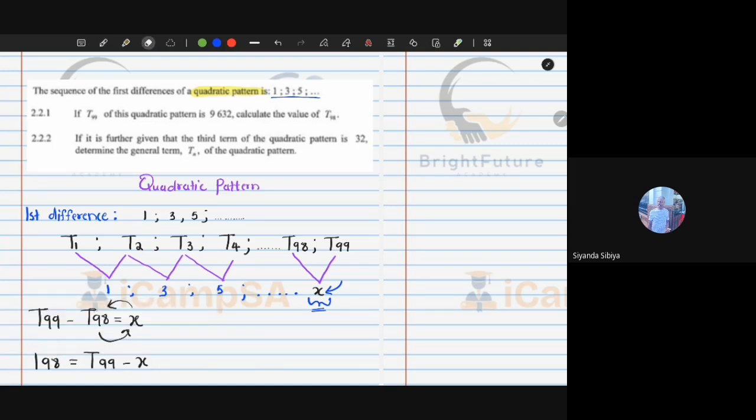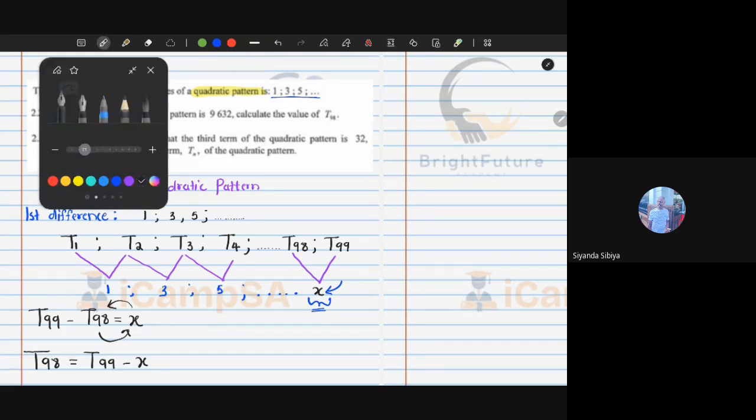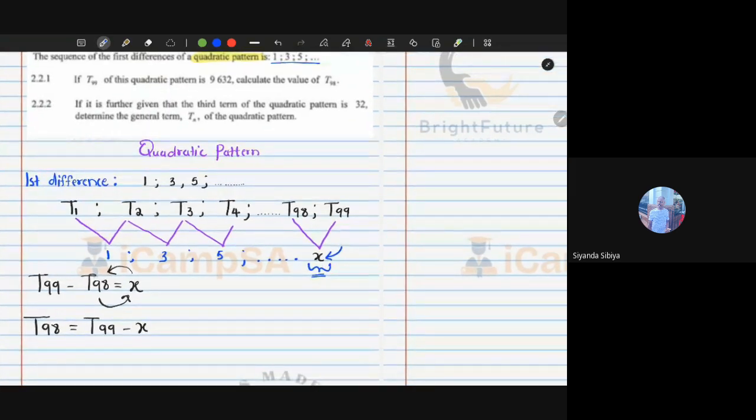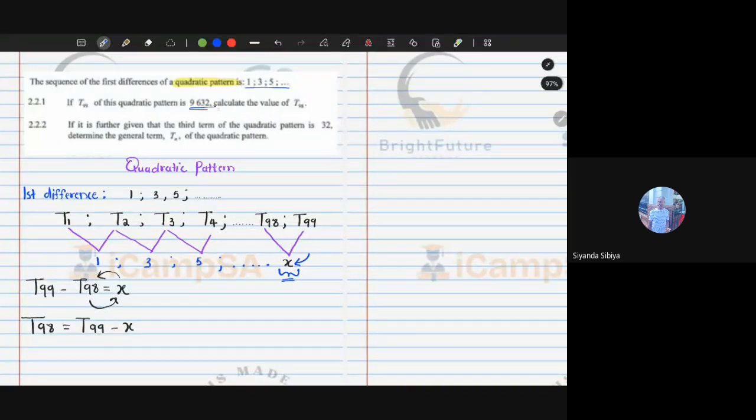If you look carefully, all we need now is to figure out what this X is, because T99 we are given. T99 is simply 9,632, and this is given. So all we need is X in order for us to determine T98.